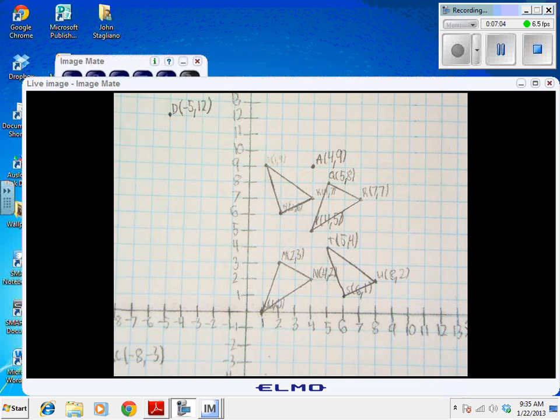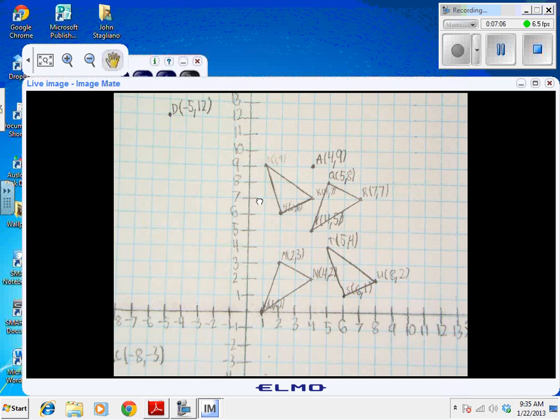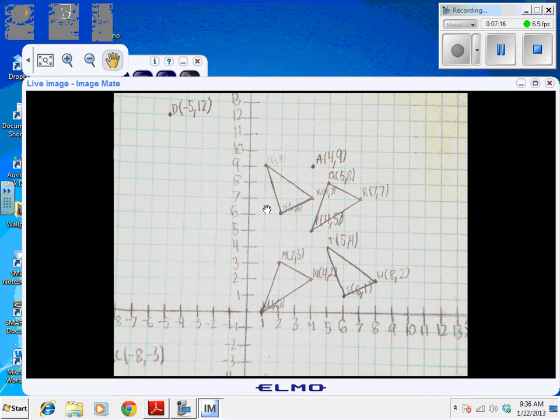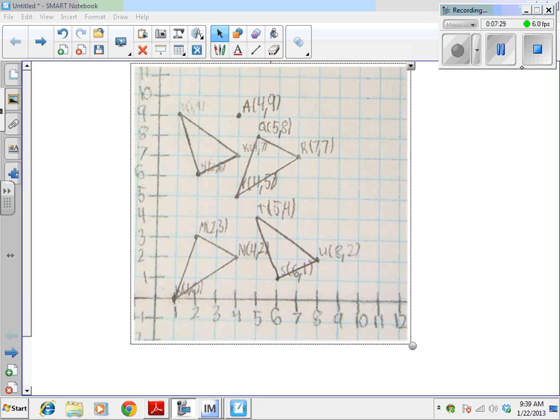So this is exercise A, exercise B, exercise C. No, C and D. Anyway, okay.